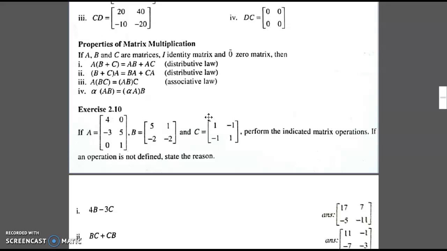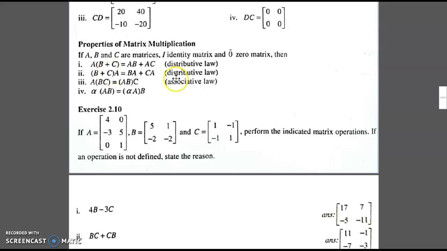Just like the properties that we have in normal multiplication. A times (B plus C), and (B plus C) times A, is the same as A times B plus A times C. It's known as the distributive law. We distribute A within B and C, and the same goes for this one.